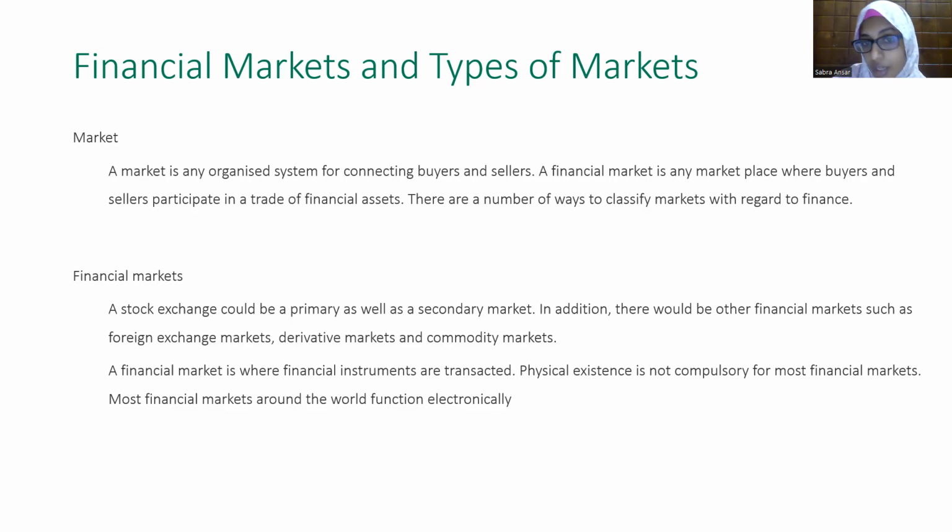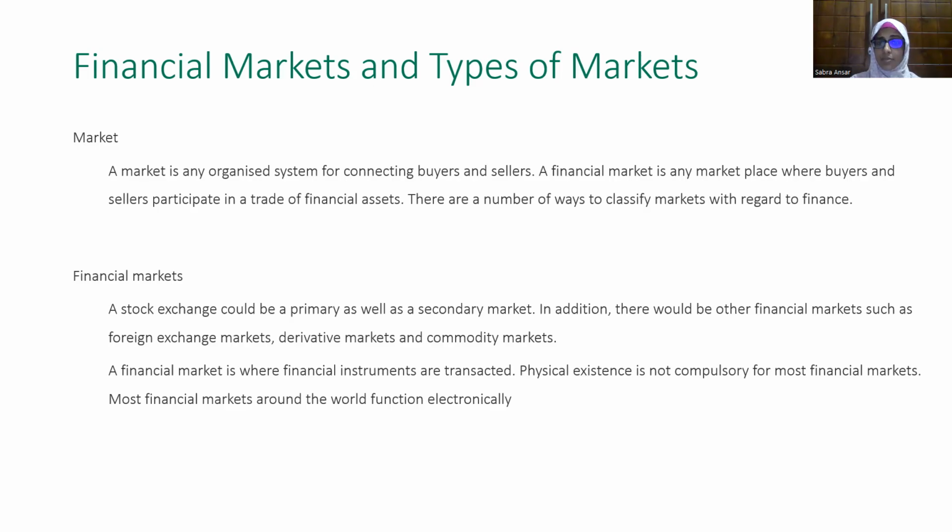When it comes to different types of financial markets, one is the stock exchange, which could be a primary market as well as a secondary market. It could be a foreign exchange market, a derivative market, or a commodity market.